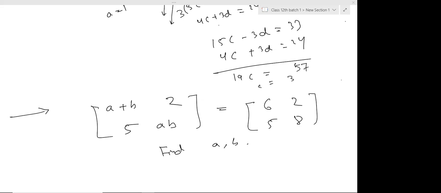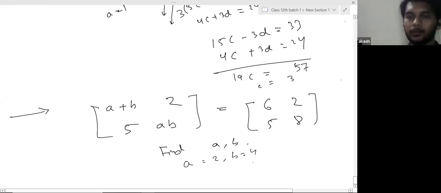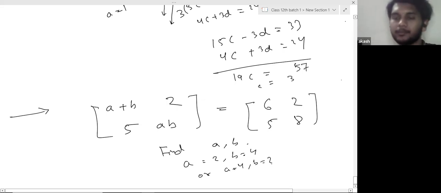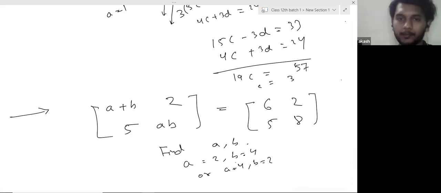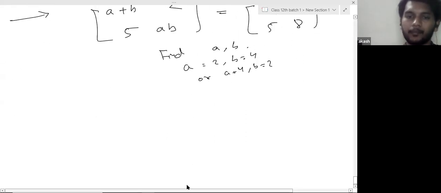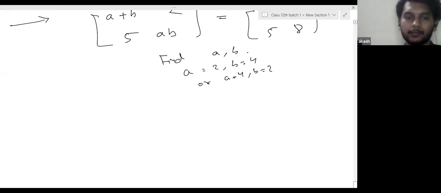A is 4 and B is 2, right? A is 2, B is 4, or A is 4 and B is 2. Did everyone solve this? Yes, sir. All right. So let's move ahead. Another question.